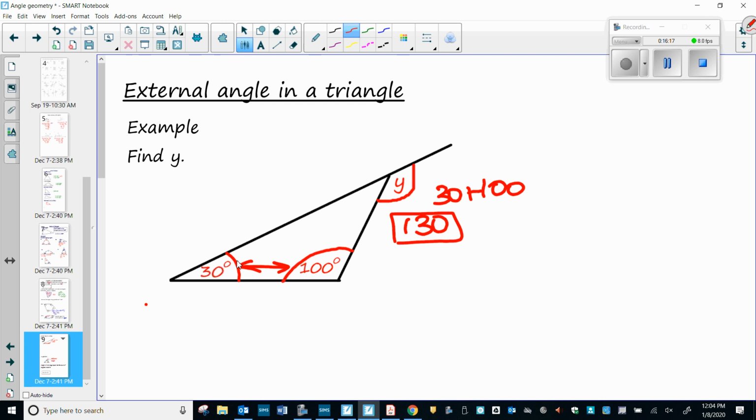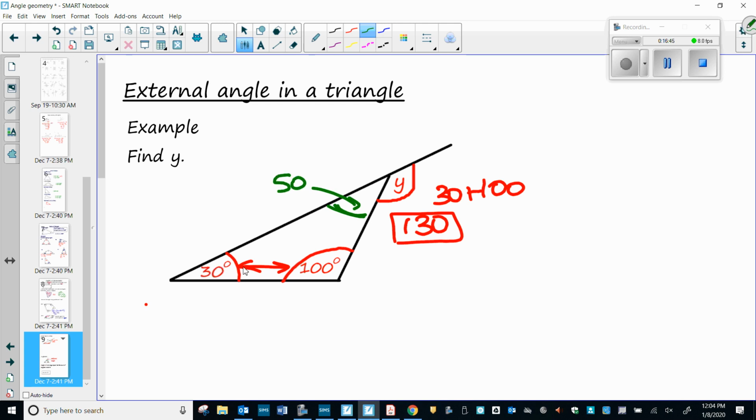Now, when I say exterior angle, you have to be careful that you are extending one of the lines to form a straight line. Now, you may say, well, why on earth is that? I could find this angle here by doing 180 subtract the sum of these two, yes? So I would get this angle here as being 50.